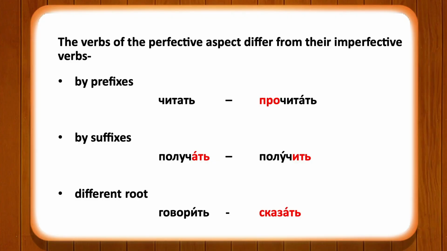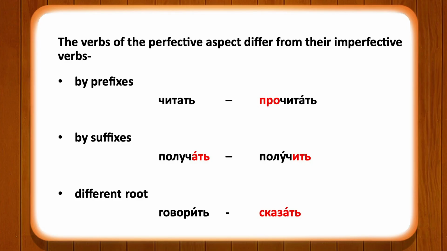So we will now understand what is the difference between savershenny vid and nesavershenny vid, perfective as well as imperfective aspect. There are three ways by which the verbs of perfective aspect differ from their imperfective verbs. First and foremost, the verbs of the perfective aspect differ from their imperfective verbs by prefixes.